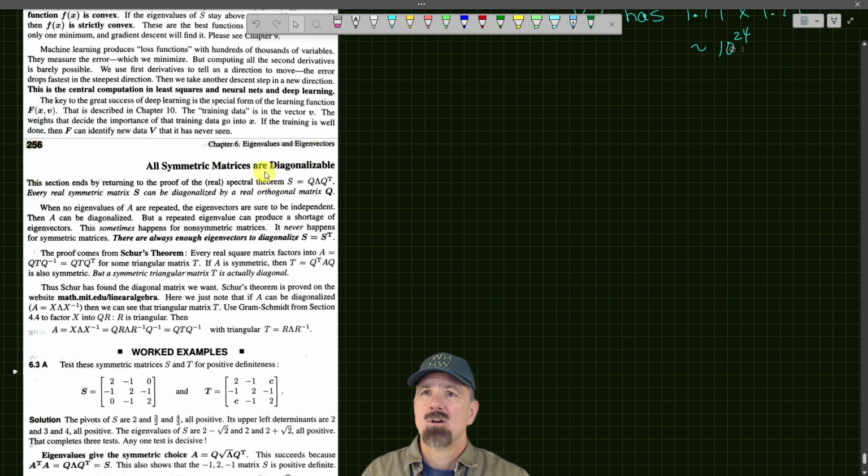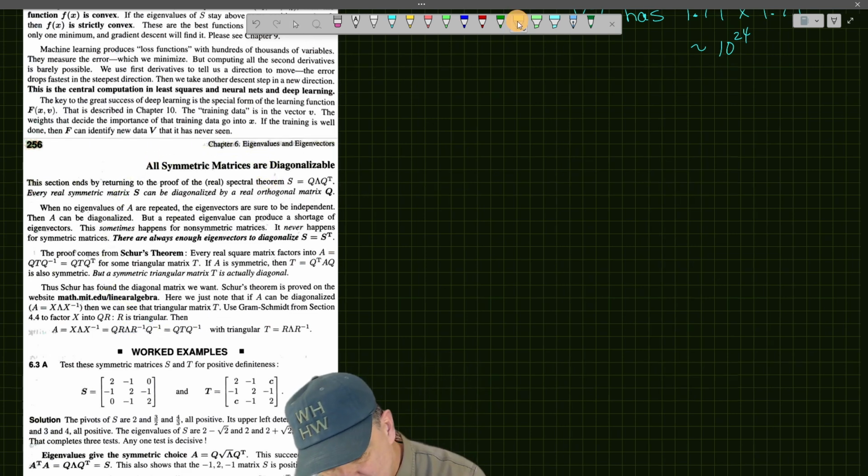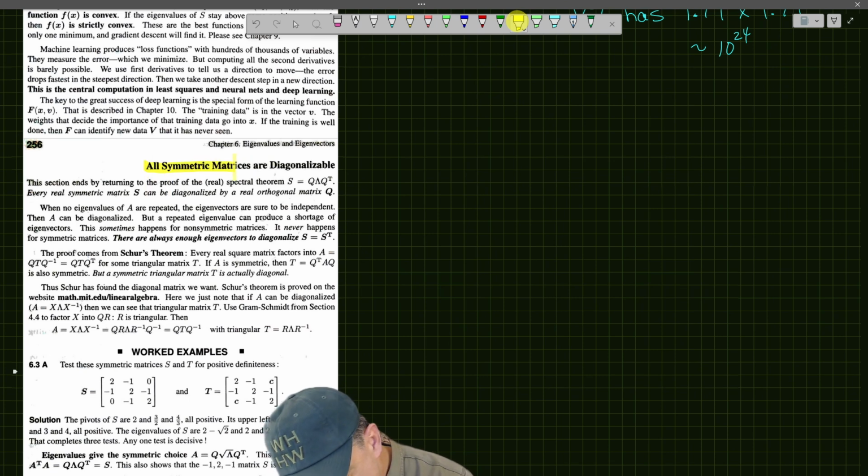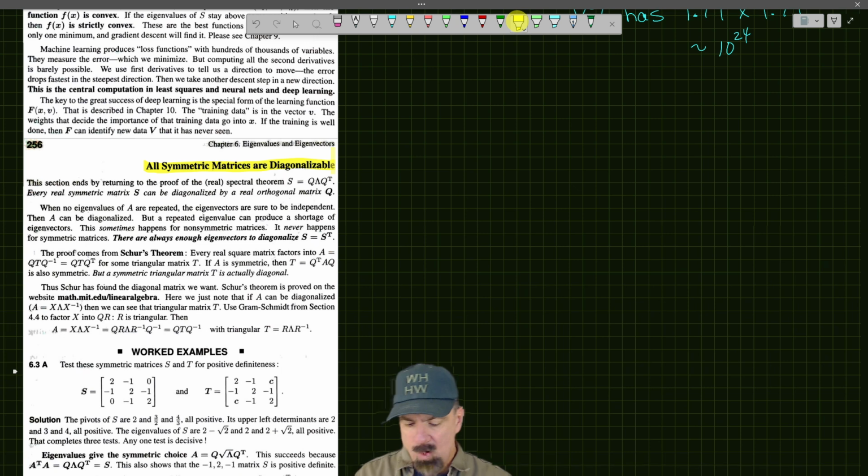So one last comment here. This is the fact that all symmetric matrices are diagonalizable. We've already said this, but it's worth repeating. Right? We are always going to have a set of linearly independent eigenvectors. So recall back to the previous video, what we need for diagonalizability is a set of linearly independent eigenvectors, and we're always going to have that with our symmetric matrix.